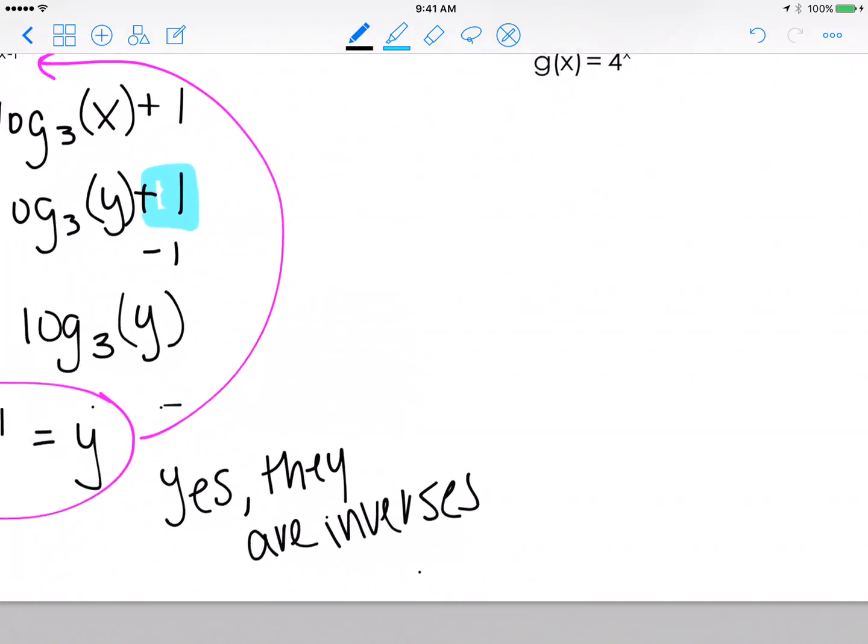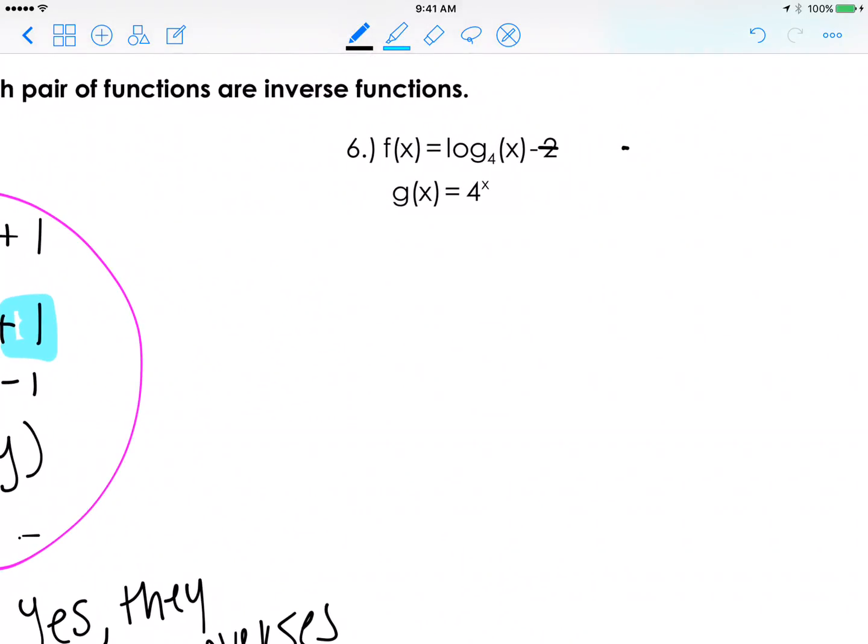All right, moving on to number 6. This time I'm going to change the g of x to the log form. So again, we need to switch your x's and your y's.